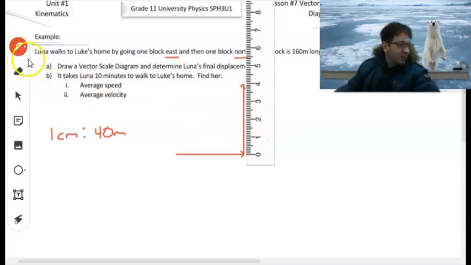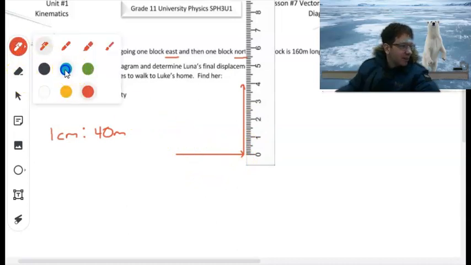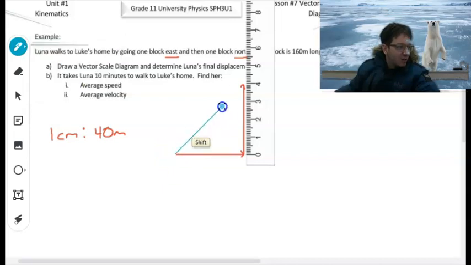And then our displacement, which is the sum of these two separate displacements, would be connecting where we started at A to where we finished at B.